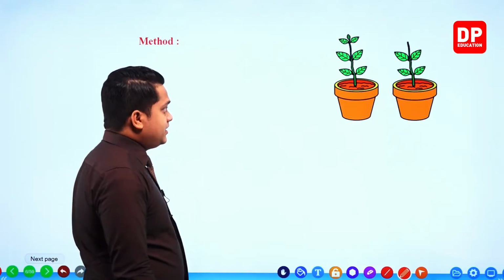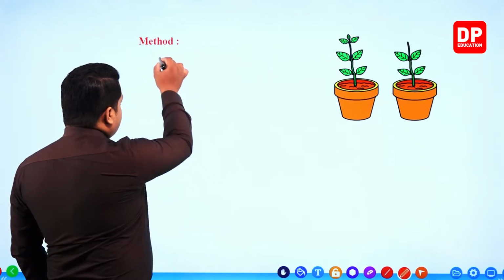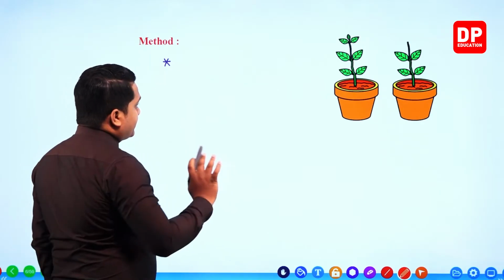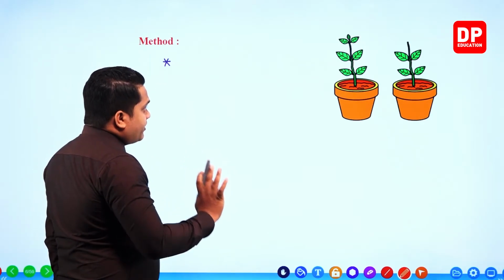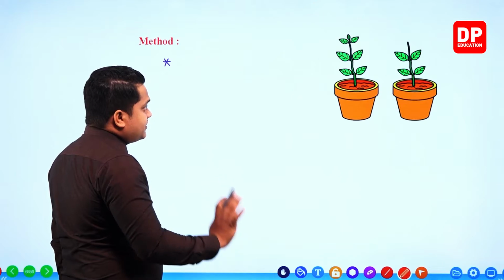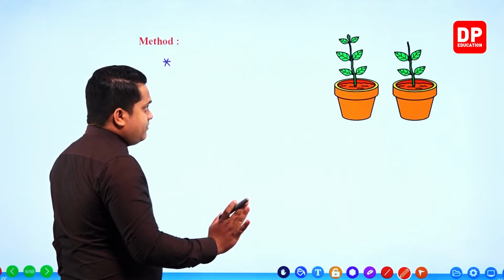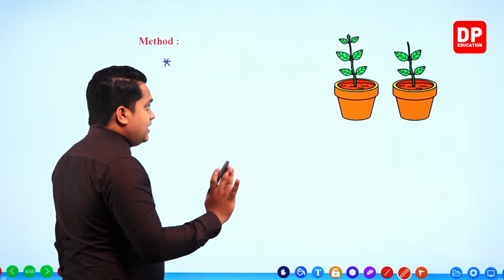Okay, so let's write down our method, my dear children, of doing this activity. So what is the method? Very simple. First of all, what you have to do? You have to remove the apex of one plant. Let's write it as: remove the apex of one plant.